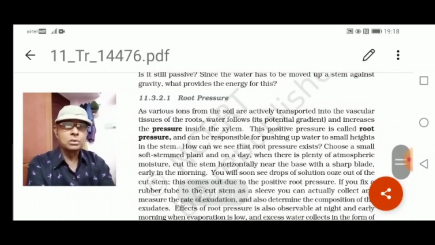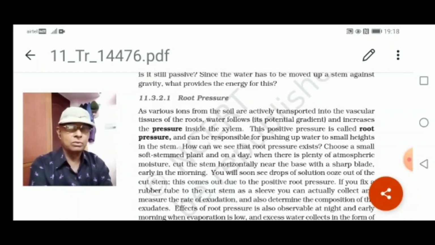Then another question arises: how can we see that root pressure exists? Choose a small soft stemmed plant in plenty of atmospheric moisture.